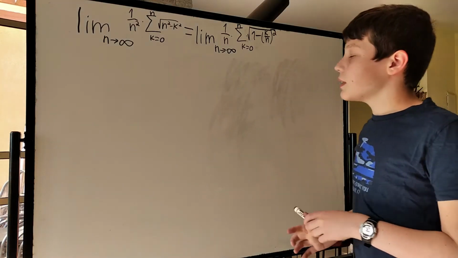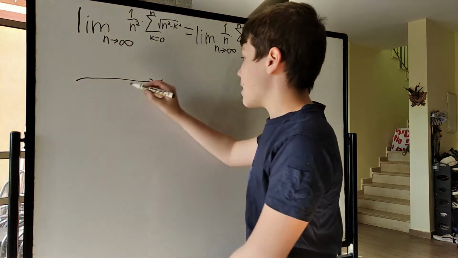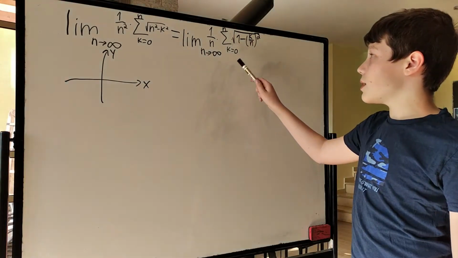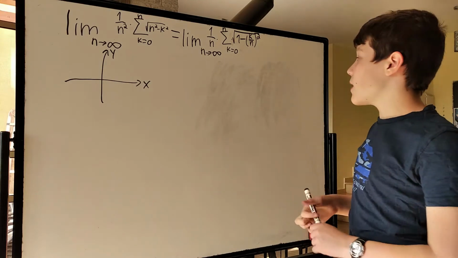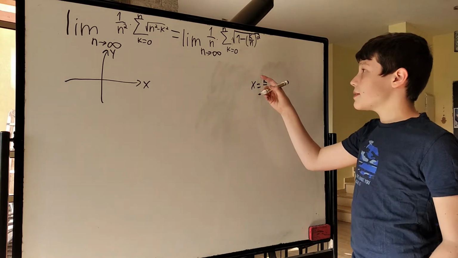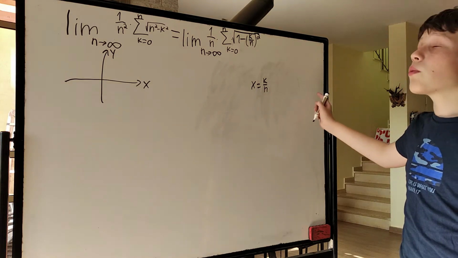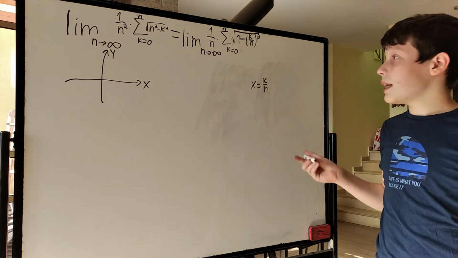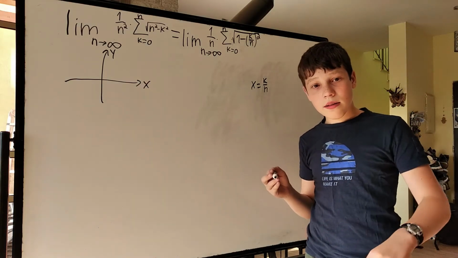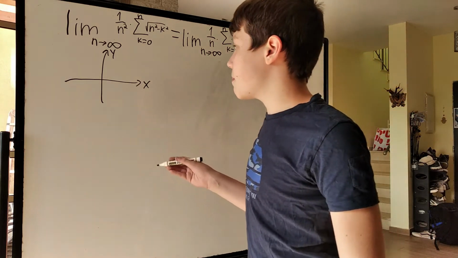So if we plot it like this, this is x, k over n, and this is y, which is the inside of the sum, k going from 0 to n, meaning that our x variable, which is k over n, and the sum goes like this. It's 0 over n, then 1 over n, then 2 over n, all the way until n over n, which is 1. Meaning that we sum all the fractions, which are something divided by n, from 0 to n, which are fractions from 0 to 1.